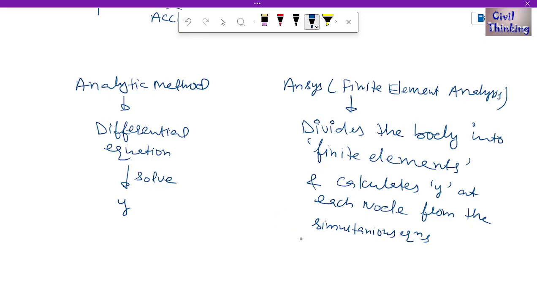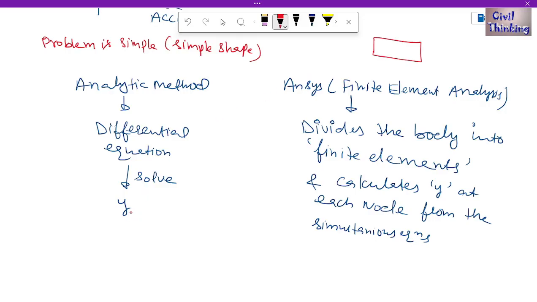Now if our problem is simple, for example, a simple shape, our engineering product is like a rectangle, it has a simple shape.